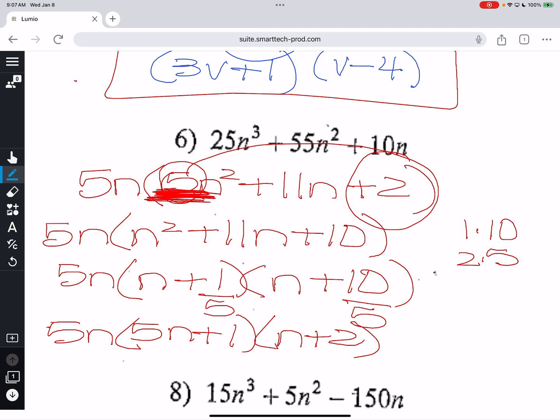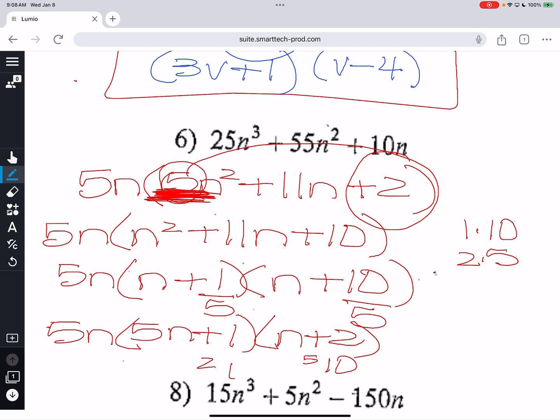So you only have 2 options, either 1 and 10 or 2 and 5, because remember, we can't put common factors together. And so 5 times 10 is 50, way too big. So 5 times 5 is, wait, I lost myself.